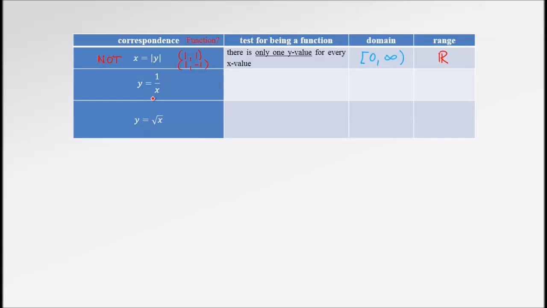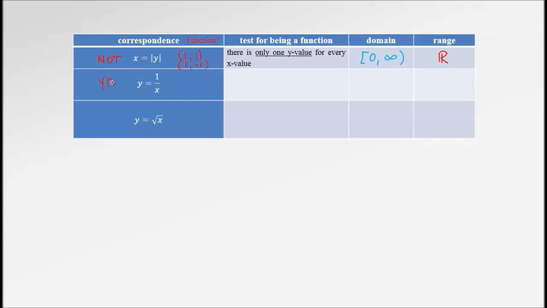Let's see the next example, y equals 1 over x. Okay, is that a function or not? Do we have exactly one y value assigned to each x? Yes, we do. If x is any number different than 0, we can always take a reciprocal of this number and obtain a unique value. So there's no problem here.